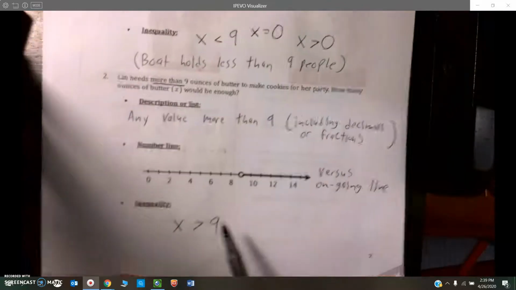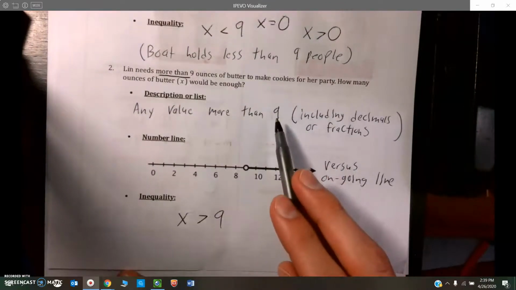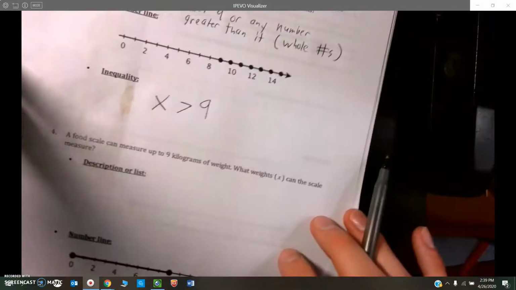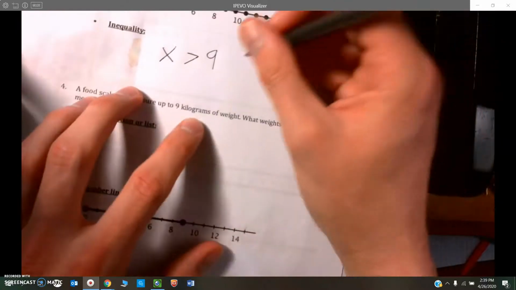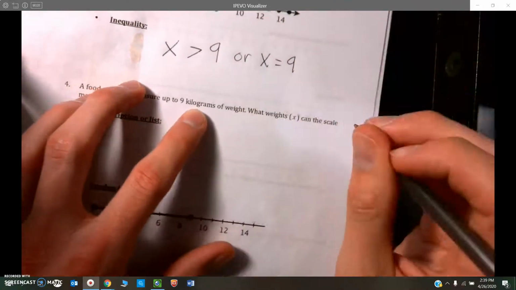So oftentimes, when we want to include that number, so here we said x needs to be greater than 9. Was it including 9? No. So here, it's x is greater than 9, or x could also be 9. So we want to include that.